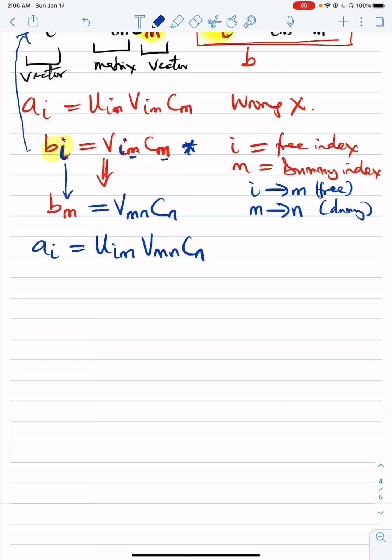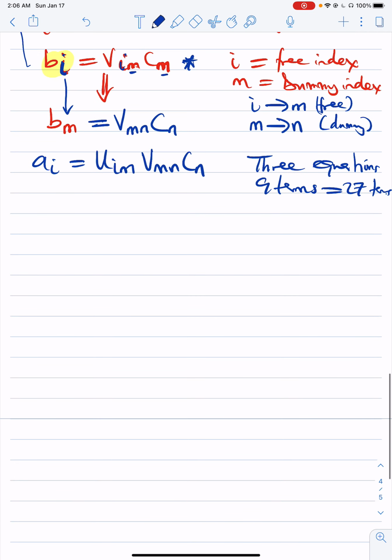Now, if you look at this clearly, this expression is 3 equations, and each of the equations has 9 terms. So we have 27 terms in them. Well, I don't want to take time to expand this, but let me just show you what's possible with that, right?